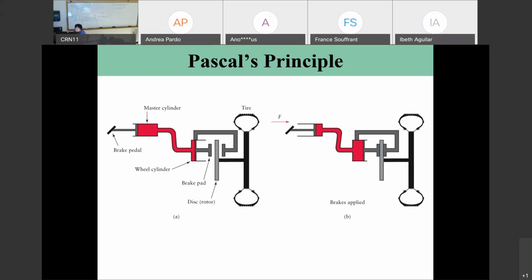You see here, look. So by applying the force on the pedal and by making this go toward the disc rotor to stop the tire, this is the tire here, then the brake pads get used too much. Okay, very nice, right? It's nice when you guys can see an application in real life, and that's one of those.